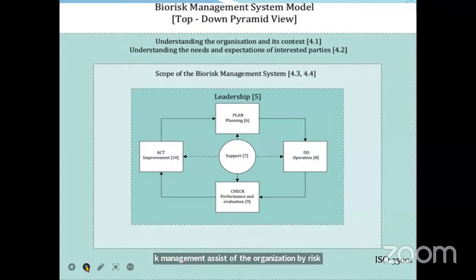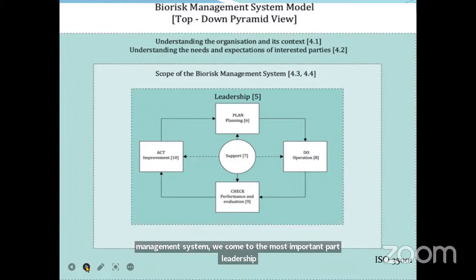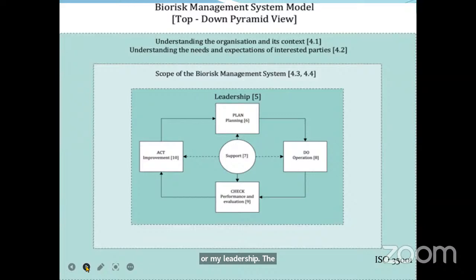We come to the most important part, leadership. And what will make you realize how important leadership is. Leadership should start with qualified leaders who take ultimate responsibility for the organization's biorisk management system.